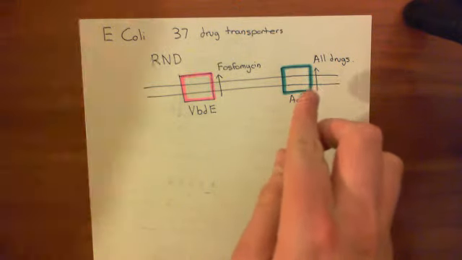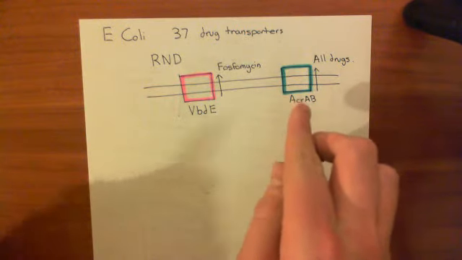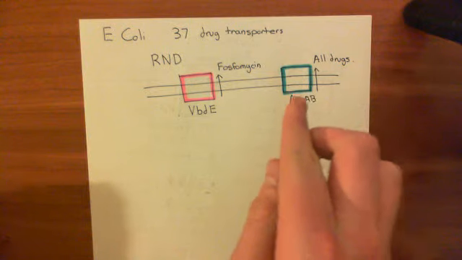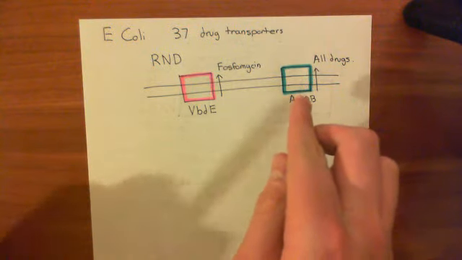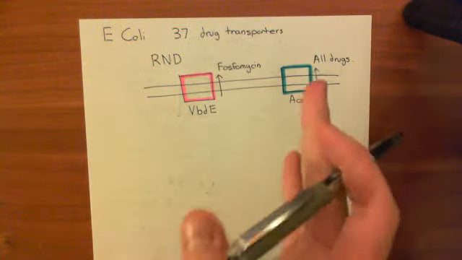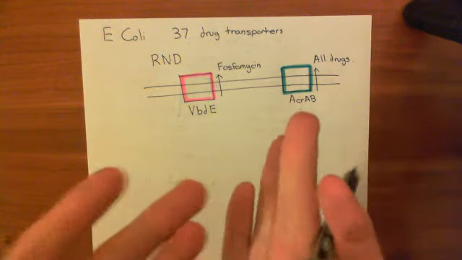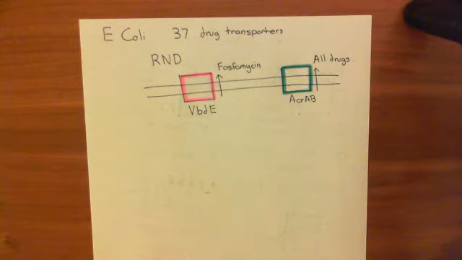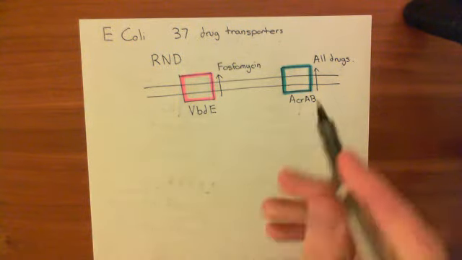Okay? This is not working like that at all. This is working for nearly all drugs we throw at this. So how does this work? How does it have no specificity? How can any old drug be extruded by this transporter? It's an interesting question, and we want to know the answer.